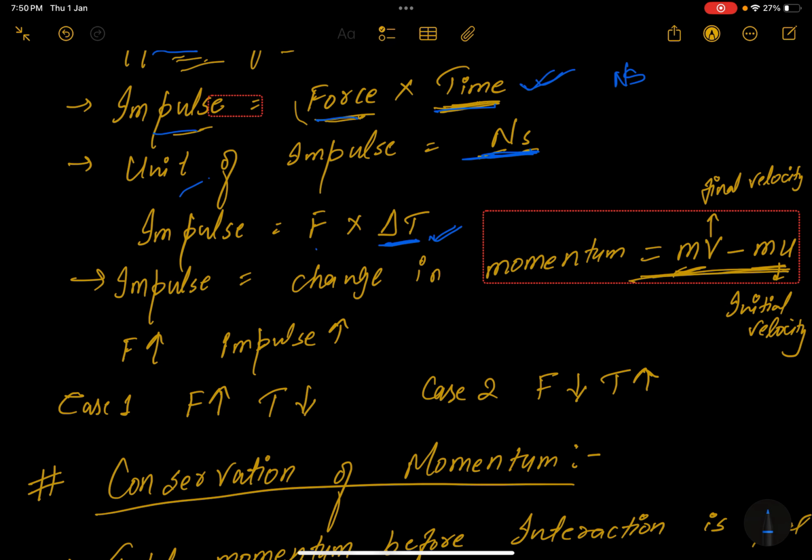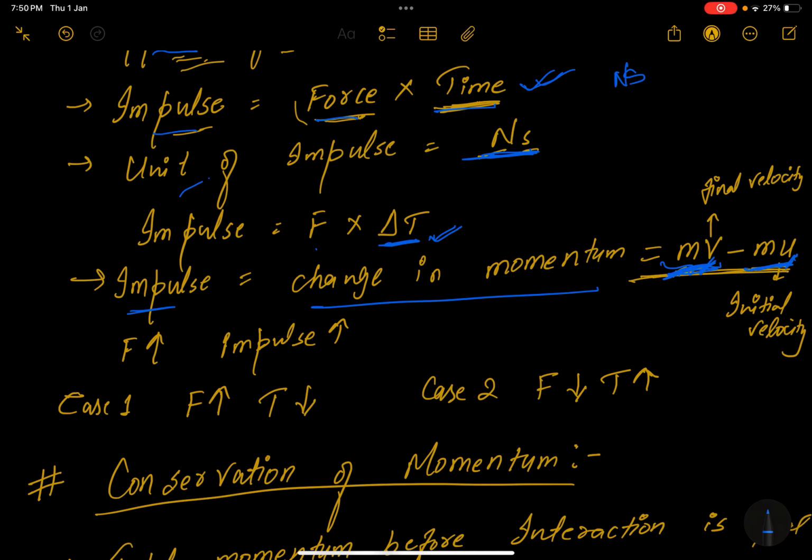So according to the second law, impulse is change in momentum, that is final momentum minus initial momentum. The formula of momentum, as we know, is mass into velocity. So this is mass into v, the final velocity, and mass into u, where u is the initial velocity. So this whole thing is the final momentum, and this is the initial momentum.